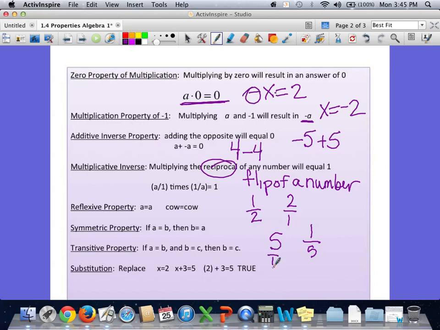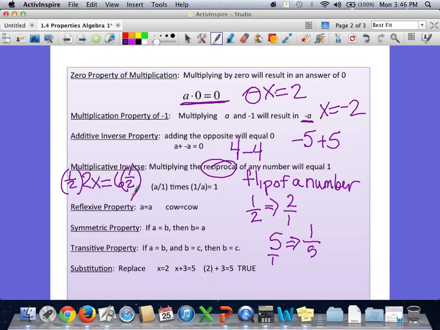Remember, any number you can put over top of 1. So these are reciprocals. And in order to do multiplicative inverse, you have to multiply by that reciprocal in order to make 1. So if you were trying to get rid of 2x equals 6, you can multiply both sides by the reciprocal, 1/2, and you would solve your equation. You could do it that way.